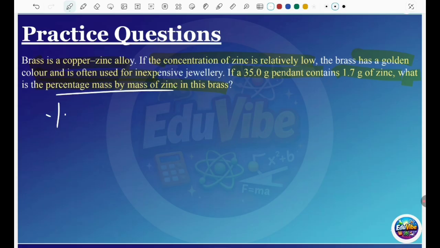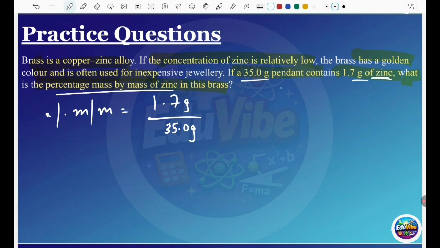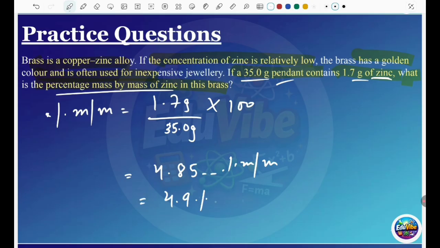Here you have two masses in the same unit. So 1.7 grams, you divide this by the 35.0 grams, because this is the solute, and the pendant is like the whole solution. Multiply by 100, and you will get 4.85%, which is basically 4.9% mass by mass.